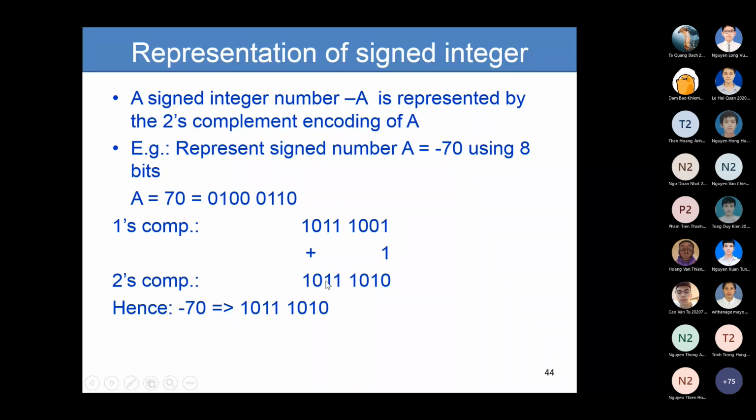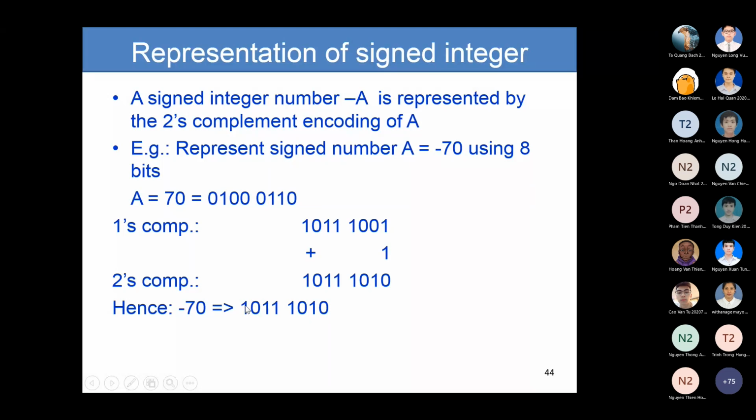So you can check, you can test it. If this number is equal to minus 70, you can find this by indexing from right to left. This number 1 is index 1, this 1 is index 3, this one index 4, this one index 5, this one index 7, right?